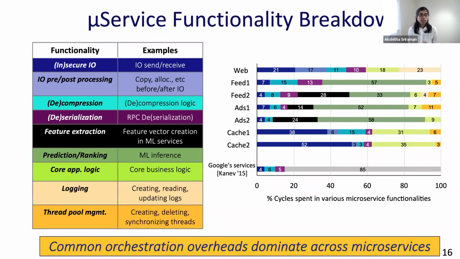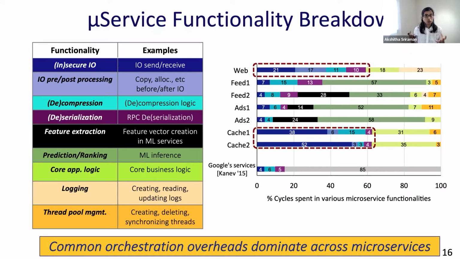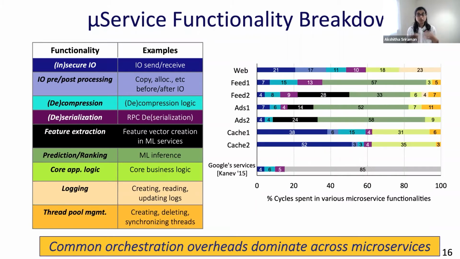For example, several microservices spend a significant fraction of their cycles in sending and receiving IO operations, as well as in operations dealing with that IO request. For example, they spend time compressing and serializing this IO request. This means that all of the hardware customizations that we have been developing so far, targeting just this main microservice logic, are not going to improve performance to a great extent.